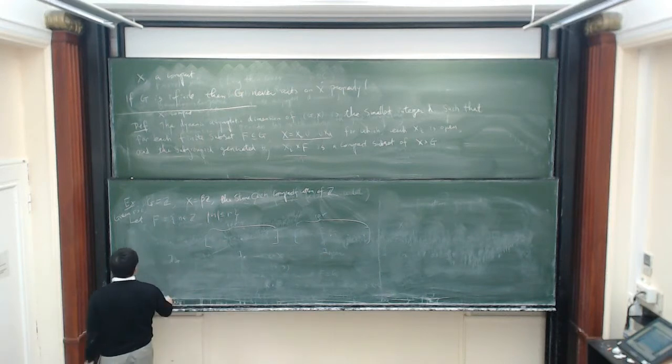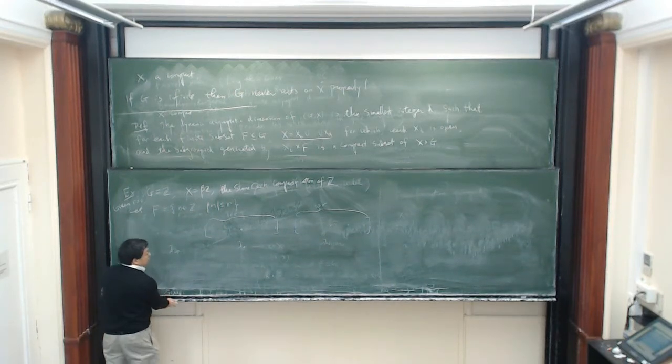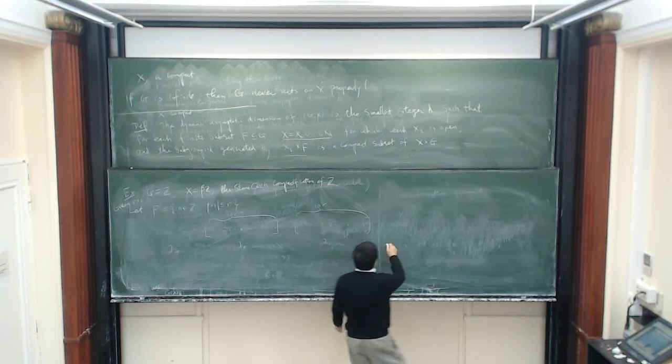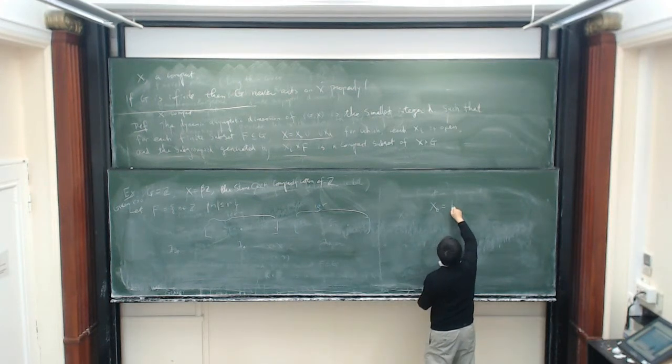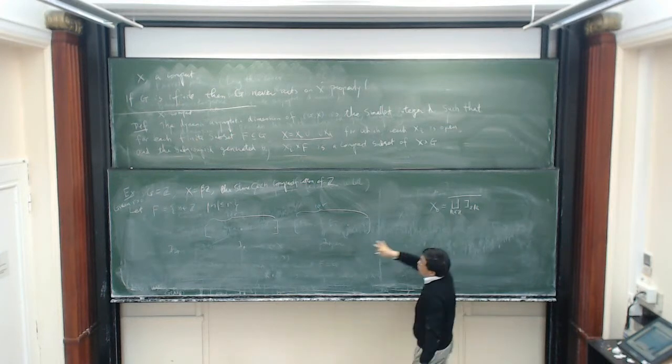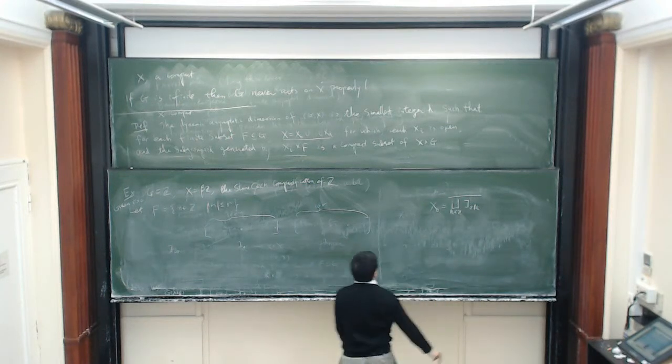Now I'm going to let x0 be this, taking the closure in the Stone-Čech compactification.